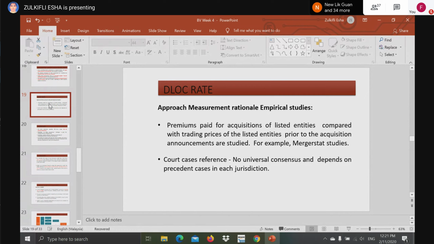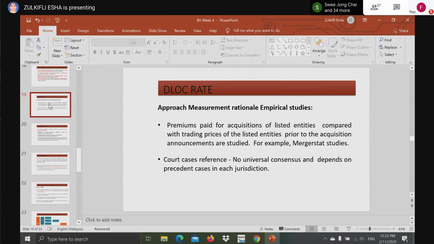Minority shareholders don't have control over the companies. The only control that they have is during the AGM, annual general meeting. Other than that, they don't have any say on how the companies should operate, as compared to the board of directors.